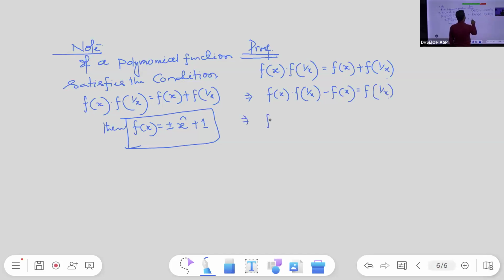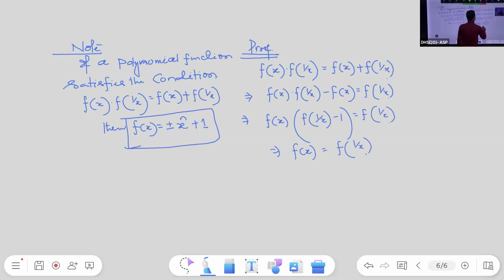This implies f of x times f of 1 by x minus 1 is equal to f of 1 by x. So this implies f of x is equal to f of 1 by x upon f of 1 by x minus 1. Let it be equation 1, right?